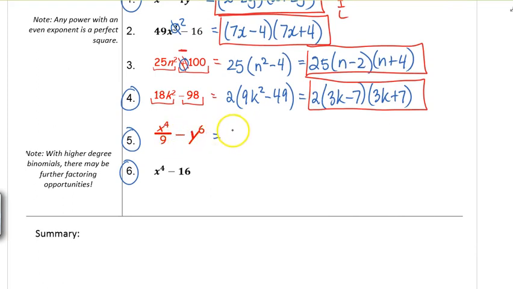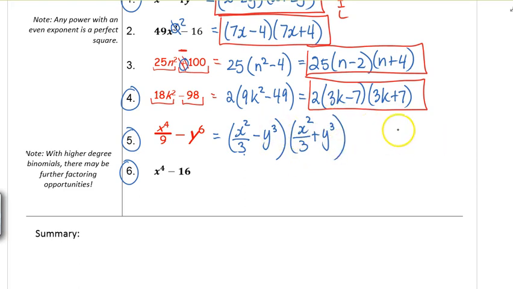Don't let the fractions get you down, and don't let higher orders get you down. So what we have here is the square root of x to the 4 is x squared, and then the square root of 9 is 3. But since it is in a denominator, keep the answer in the denominator. And then it's minus y cubed, x squared over 3 plus y cubed.